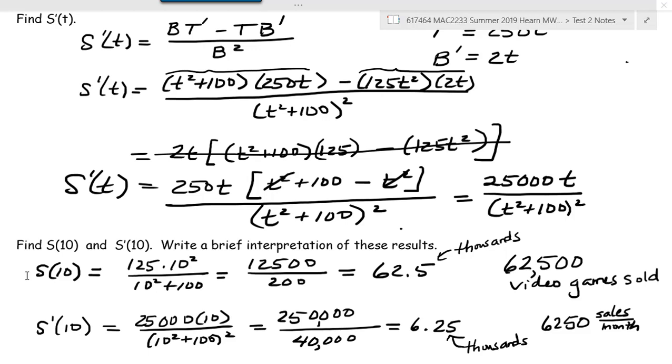S prime of 10 is 6.25. But that again is in thousands. So multiplying by 1,000, that's 6,250. Now this is a rate of change in sales per unit of time, which is per month. So this is a good sign that the total sales are increasing by 6,250 per month.